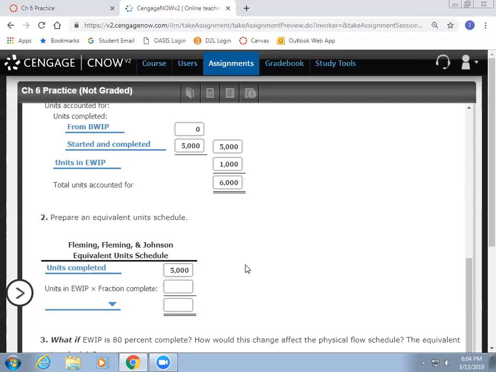The ending work in process, we had 1,000 units total, and they were 50% complete. So to calculate equivalent units of production, we just take the 1,000 times 50%. So that's obviously 500. That's the equivalent units of production for the ending work in process.